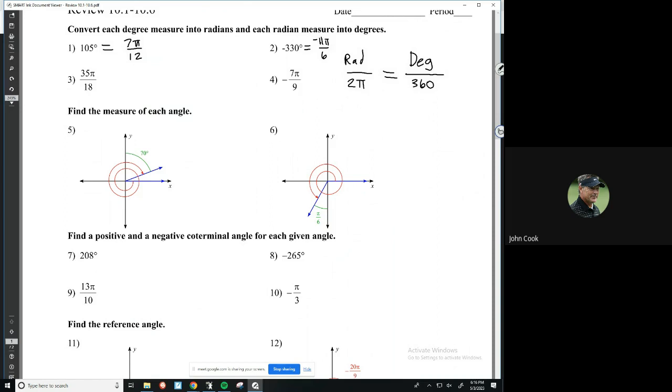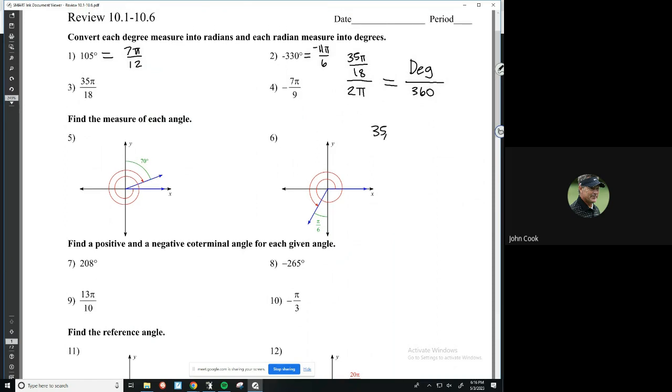Okay, so now I've got a radian value, 35 pi over 18. I put that over here in terms of the radian, 35 pi over 18. Really quickly, the pi's cancel out on there. So I get 35 over 18 over 2 equals the degree value that I'm looking for, x over 360.